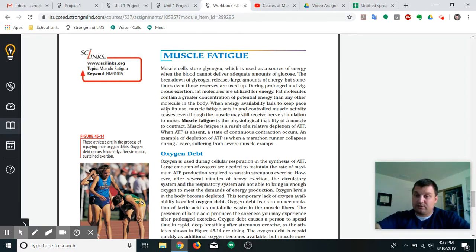When those form together through cellular respiration, and I'm not going to go into detail there because that would make this video way longer than it needs to be, we know that carbon dioxide is a byproduct. We expel that, and we also know that water is a byproduct, and ATP energy is a byproduct that our body needs. And there are some other things that happen there as well.